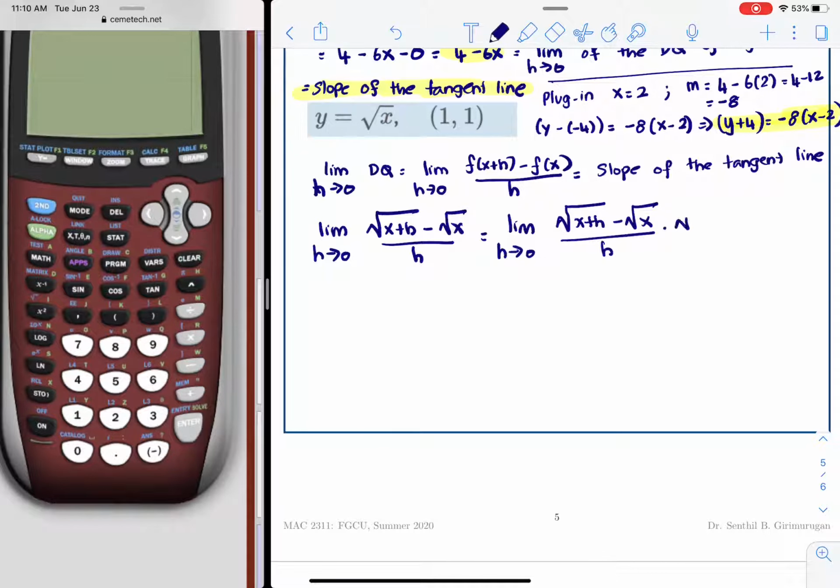So we multiply and divide by the conjugate. The conjugate of the numerator, square root of x plus h minus square root of x, is square root of x plus h plus square root of x.